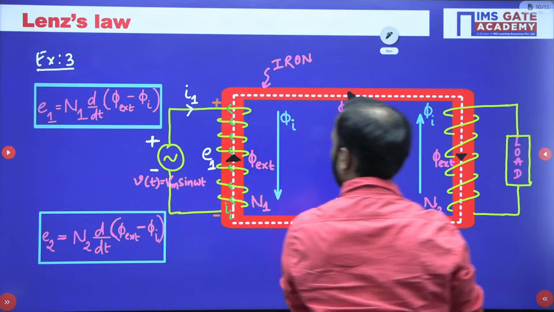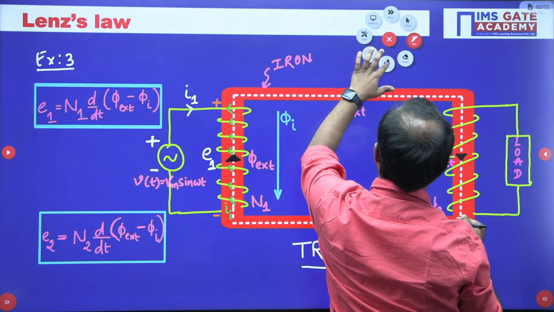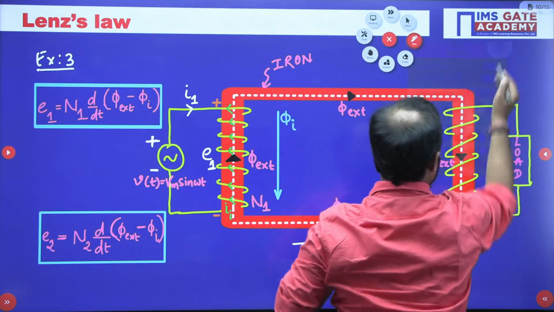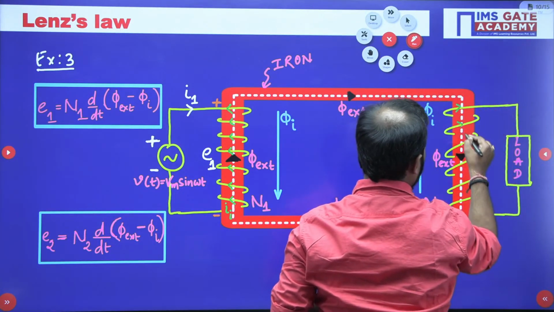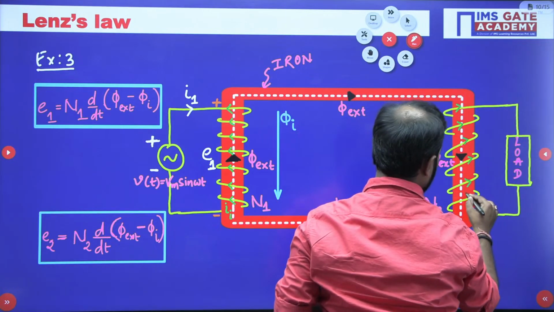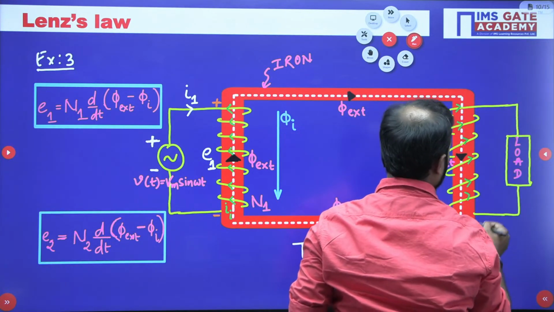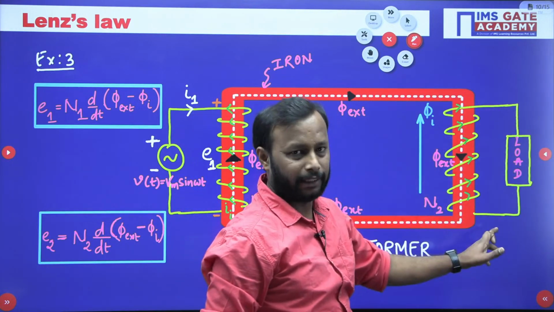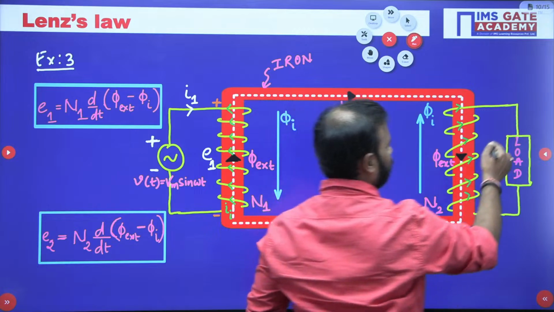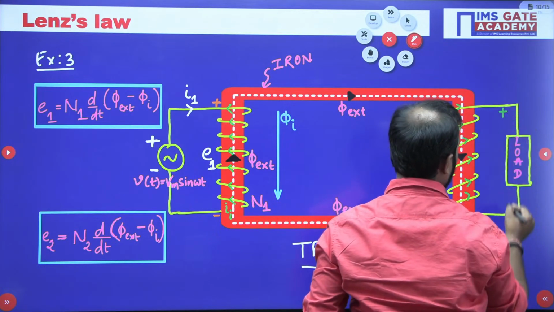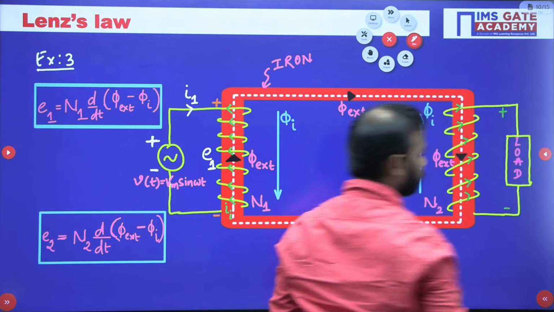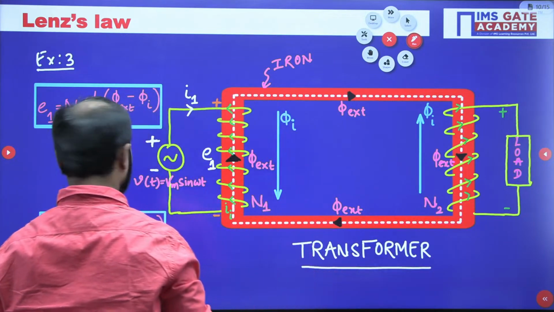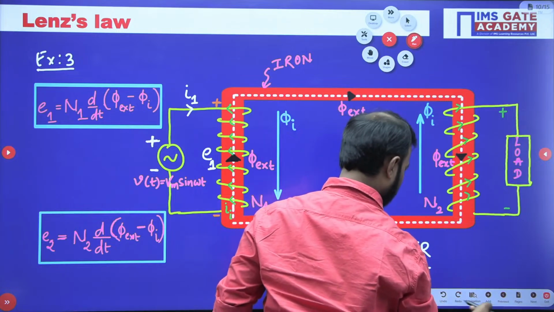So from the front side it is left to right, like this. So here assume the fictitious resistance. So if you see, this becomes positive and this becomes negative. Let me change the color. I think it is not visible. Just a second.